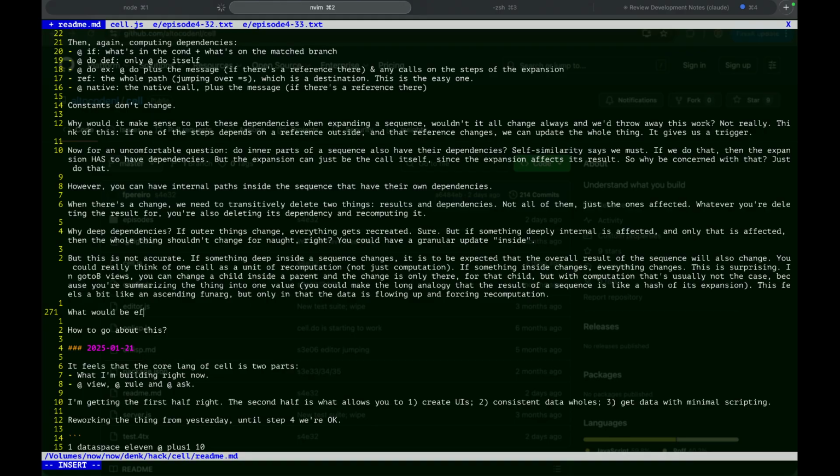What would be efficient? That if in step 2 you call and that doesn't change, you do not remove that result. You still keep it.